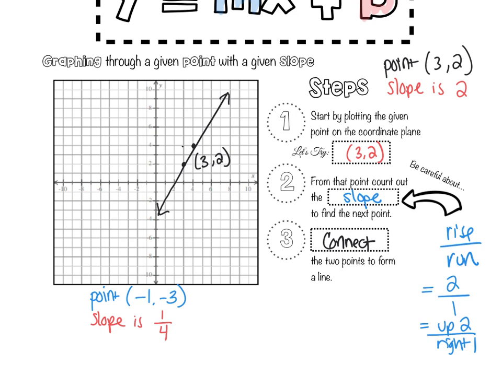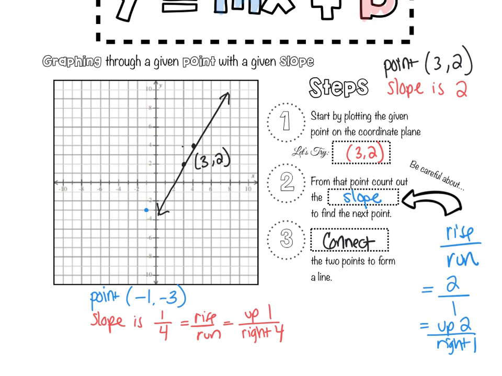So let's plot the point (-1, -3). So (-1, -3) is right here. Then from here, I'm going to use the fact that the slope is rise over run to plot my next point. So since my top number is +1, that's telling me I'm going to move up 1. And since my bottom number is +4, that tells me I'm going to move right 4 because it is positive.